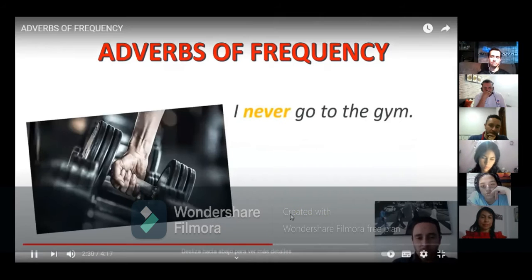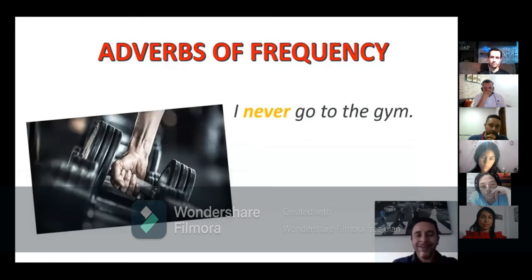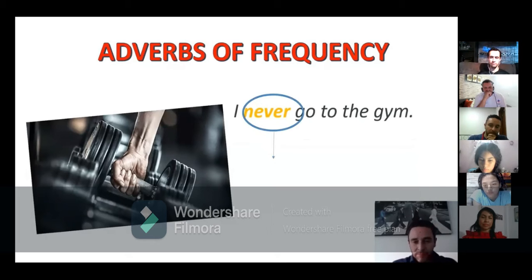In this case, we're going to use the verb go. The sentence says, I never go to the gym. As the way that you can see here, we have here never as an adverb of frequency between the subject that is I and the verb that is go. So in contrast with the verb to be, the adverb of frequency goes after the verb.